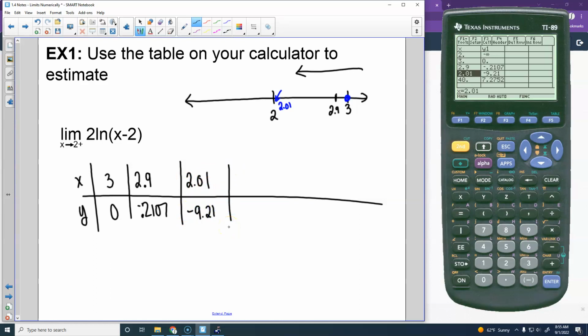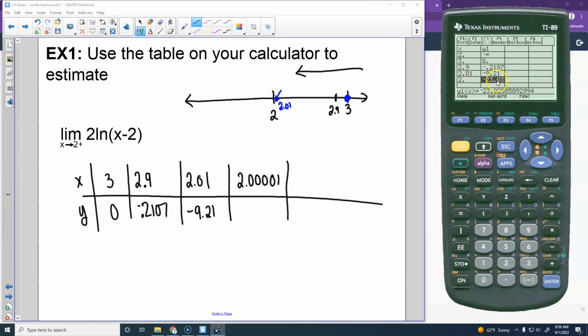All right, I need something even closer. Okay, so 2.00001. Now sometimes you get a little out of the range the calculator can handle. So if we get something weird, we would back off and take some of these zeros. Let's see what happens. All right, we get negative 23.